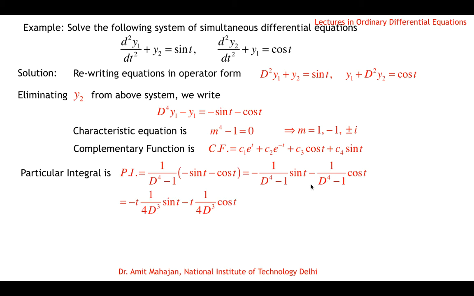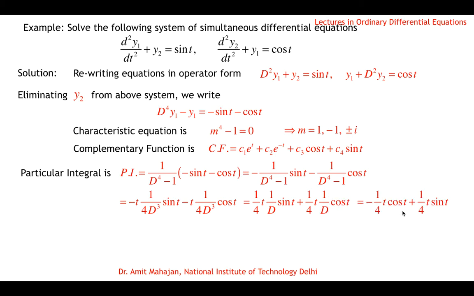So we multiplied with t, and the derivative of the denominator will be 4D³. The constant's derivative is 0, operating on sin t, and similarly on this. Again we put D² as -1, and here also D² as -1. That's the rule. Then 1 by the operator becomes 1/D of sin t and 1/D of cos t. 1/D means the integral of sin t, and the integral of cos t.